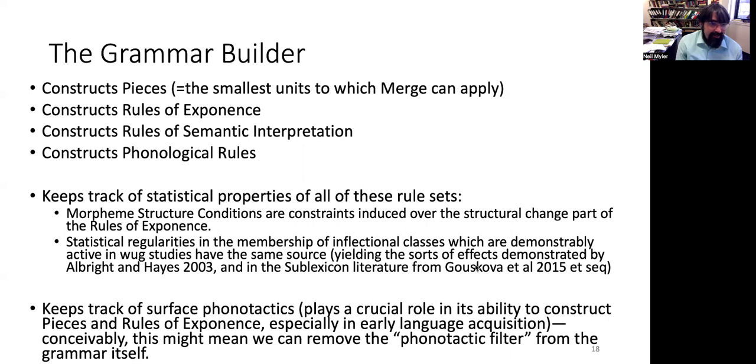That's an idea that would allow you to, as I know that Charles Rice wants to, expunge phonotactics from grammar proper, right? Worth thinking about. I'm still not sure whether that will work out in the long run, but I think it's worth thinking about.